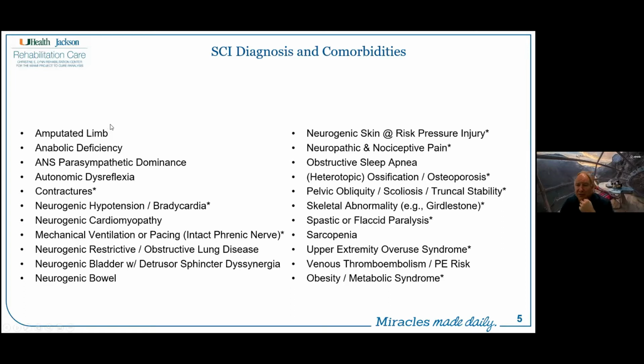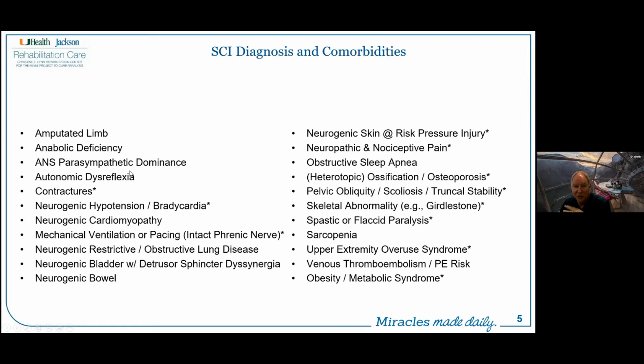Not all of our persons with spinal cord injury, but probably up to 10% will also have an amputated limb, either because of trauma at the time of injury or because of trauma afterwards and or significant pressure or wound issues in the lower extremities after the spinal cord injury.